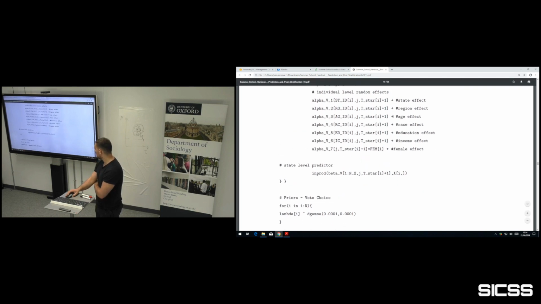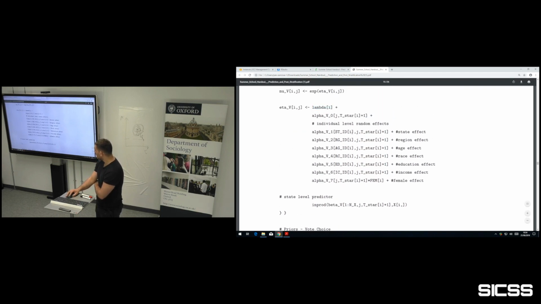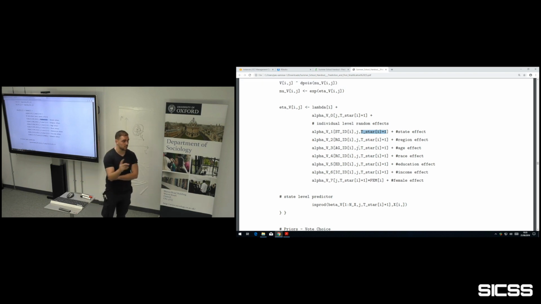Okay, and these are the effects, as I said before. Notice that the way we specify the conditionality is by estimating a different parameter for whether people are predicted to turn out or not. So essentially, we have 2 models here. One is a model for vote choice for people who do not turn out, and one is a model for vote choice for people who do turn out.